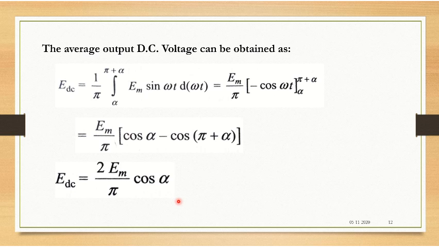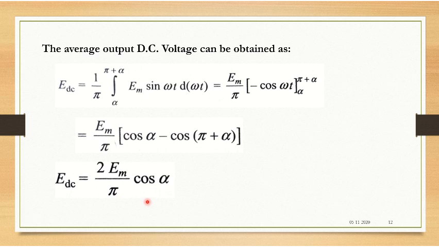Now if you observe from this, the output voltage EDC can be varied between 2 Em by pi to minus 2 Em by pi. Which means, by controlling alpha, the output voltage can be varied between positive and negative.